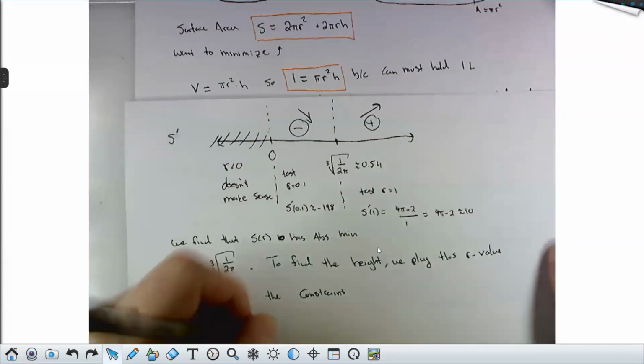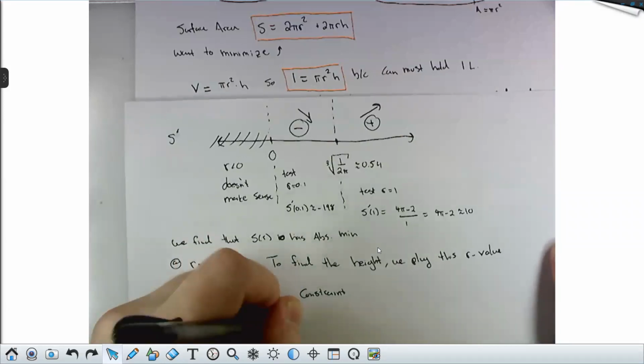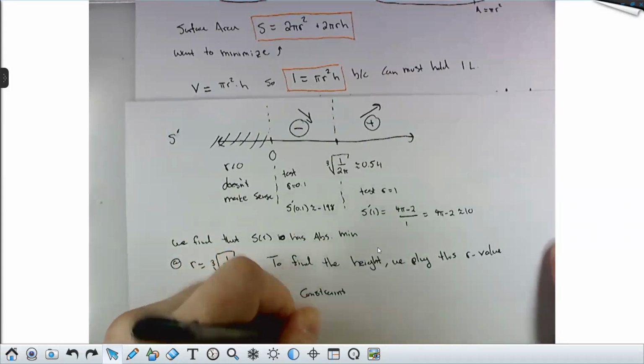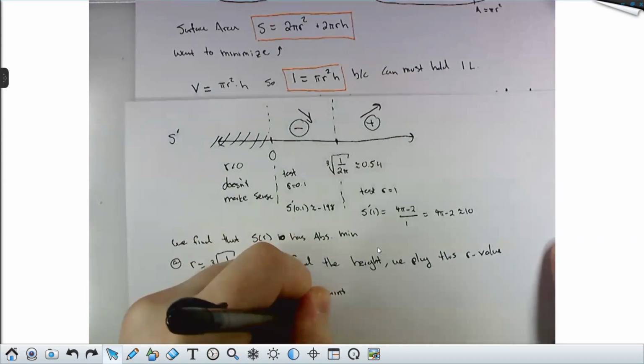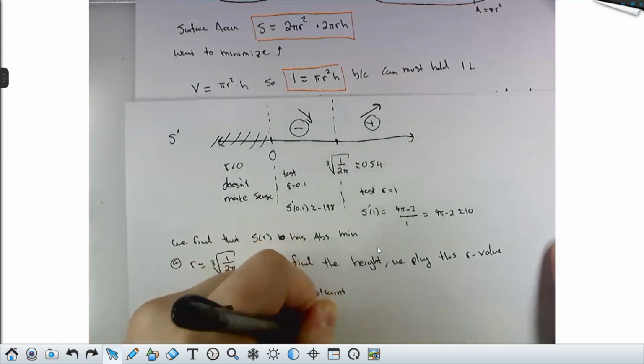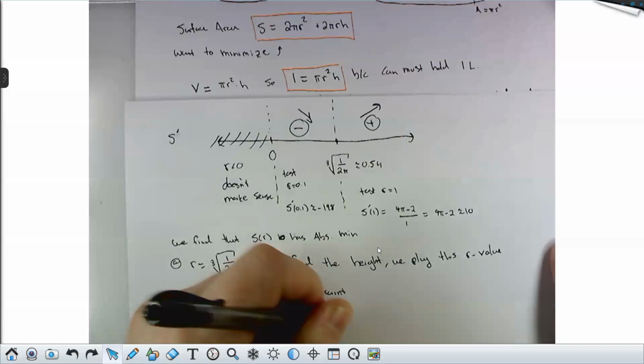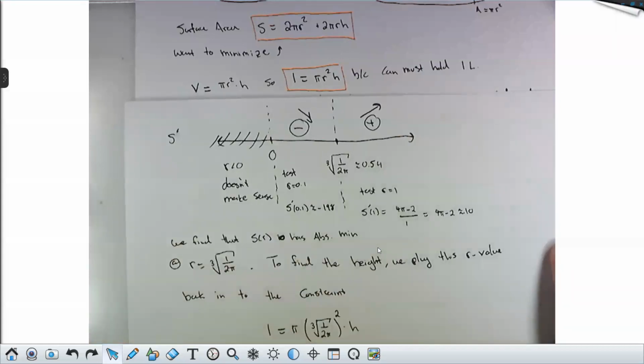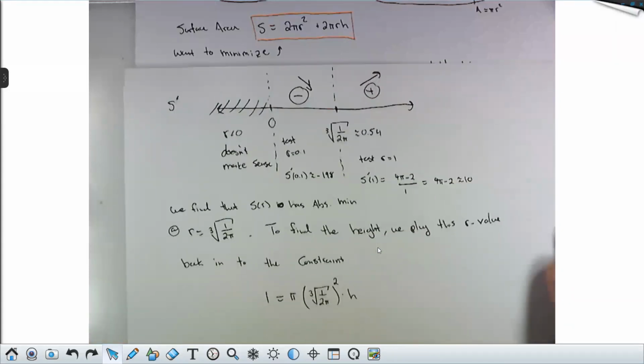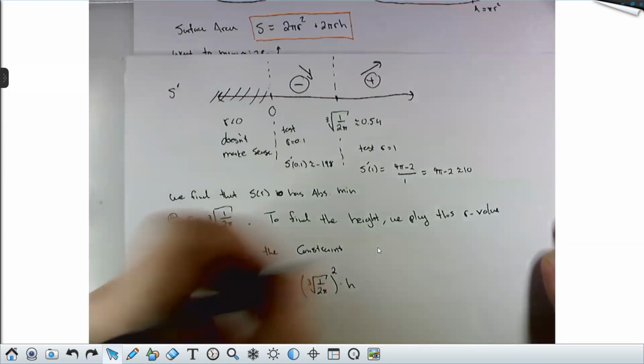So what we have is 1 equals pi times the cube root of 1 over 2 pi, squared, times h, which I can now solve for h.